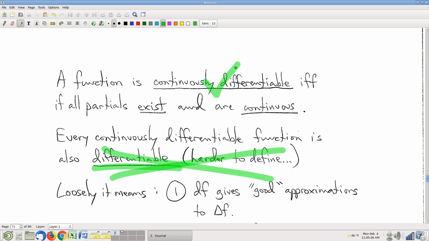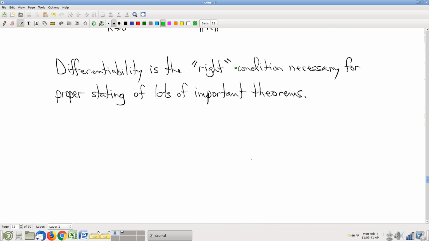There's a cost in using the stricter notion of continuous differentiability, and that is that there are some functions that are differentiable. They're not continuously differentiable, but they are differentiable. And there's a lot of theorems for which the right condition, the sharp condition that's necessary for the result to follow, is merely differentiability.